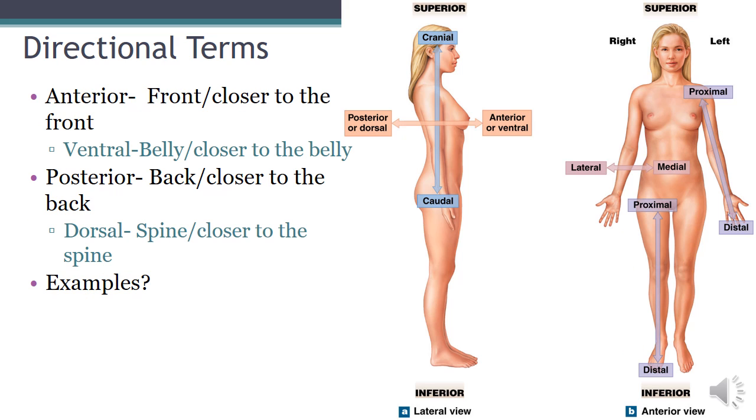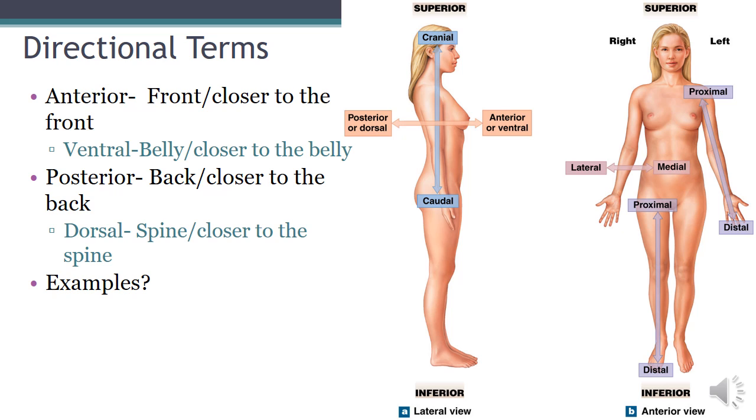Okay, our next set of directional terms are anterior and posterior. Just like we saw before, anterior and posterior have some other terms that are used interchangeably. Anterior means front or closer to the front. The term that can be used interchangeably with anterior is ventral. Ventral technically means the belly or closer to the belly.